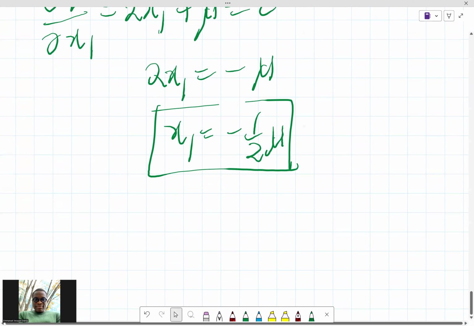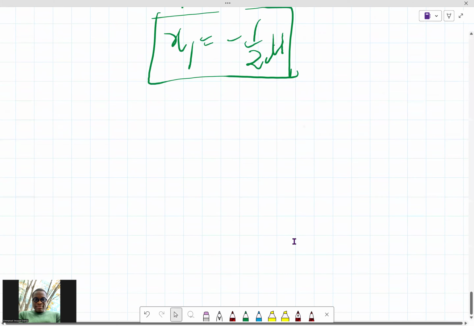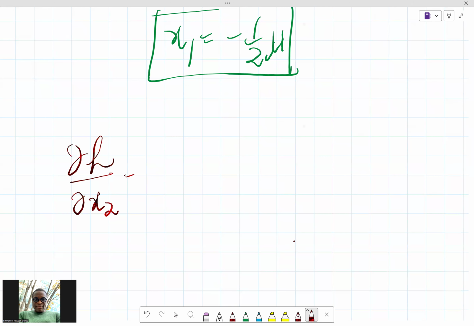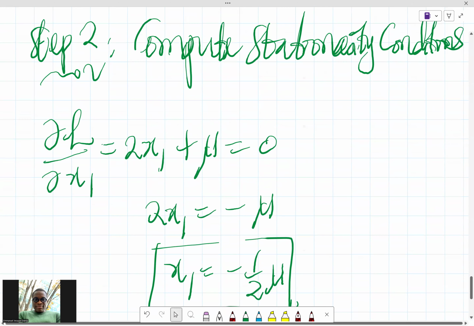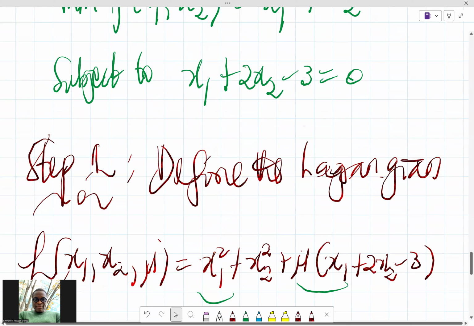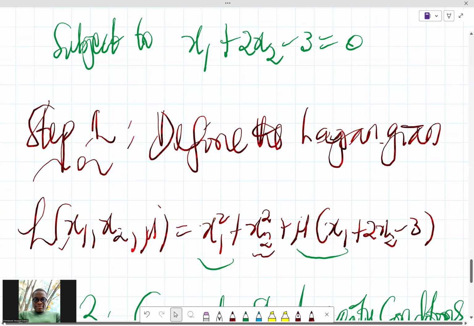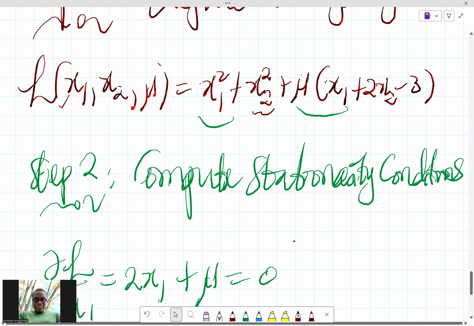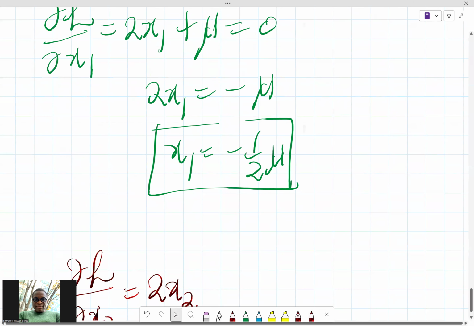With that done, we can do the other one, which says that partial of the Lagrangian, partial x2, will now be equal to, still looking at this now, x2 squared, that's 2x2. And then when we come here, we have 2x2 times mu, that should be 2 mu, right?